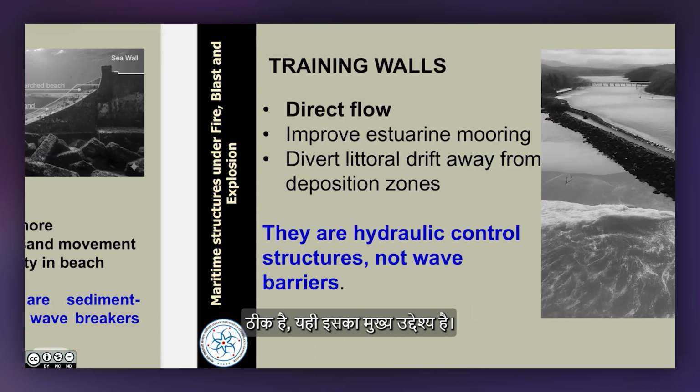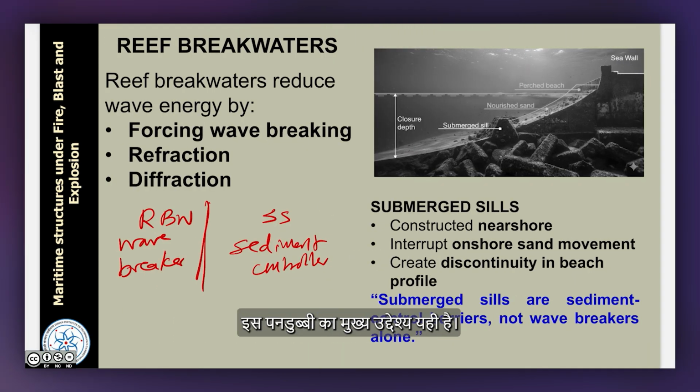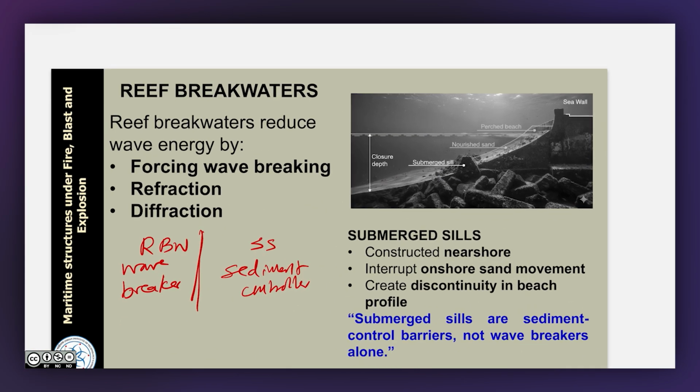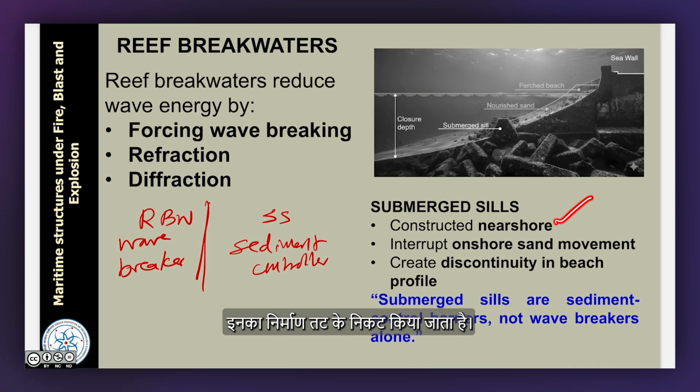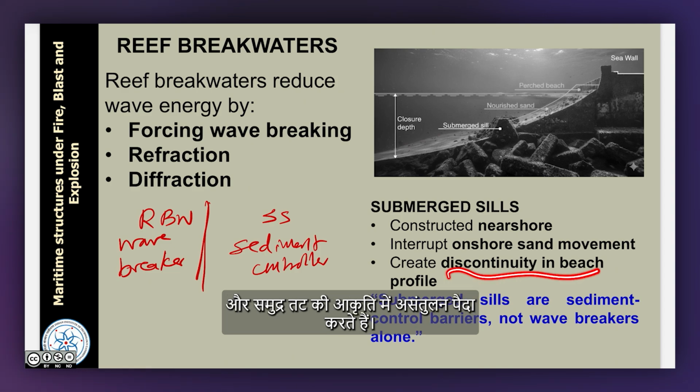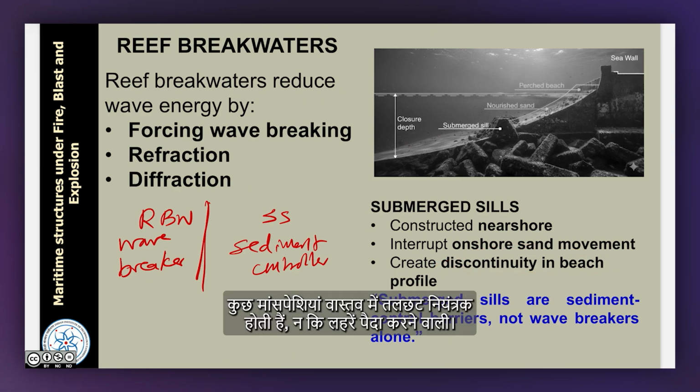Okay? That is the main purpose of this submerged sill. They are constructed near shore, they interrupt onshore sand movement and they create discontinuity in the beach profile. Submerged sills are actually sediment controllers, not wave breakers.